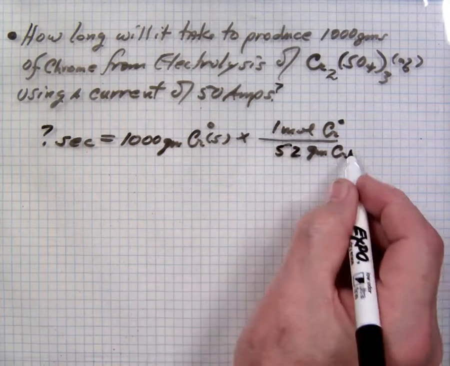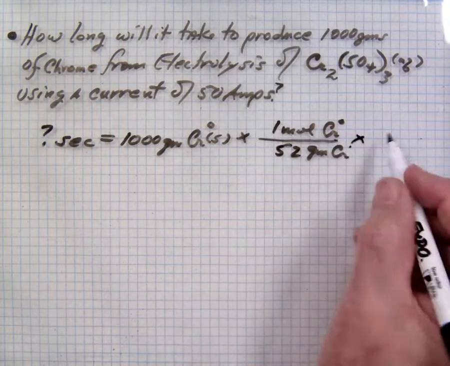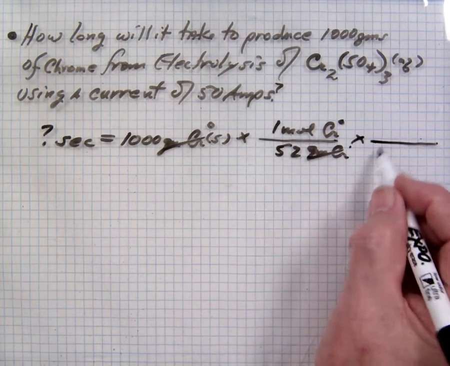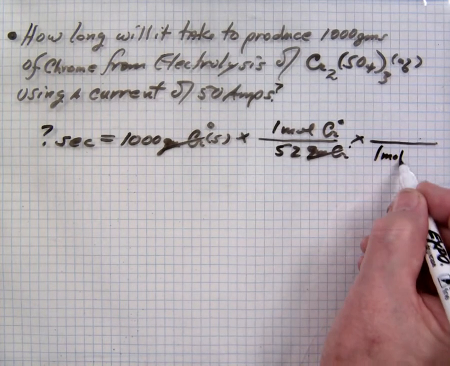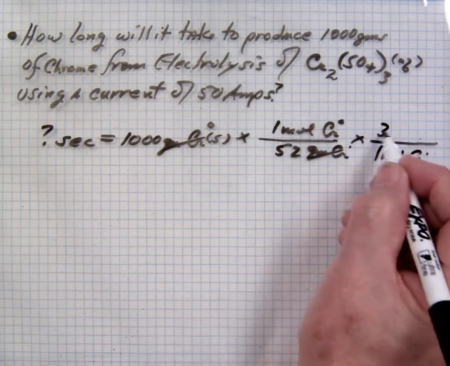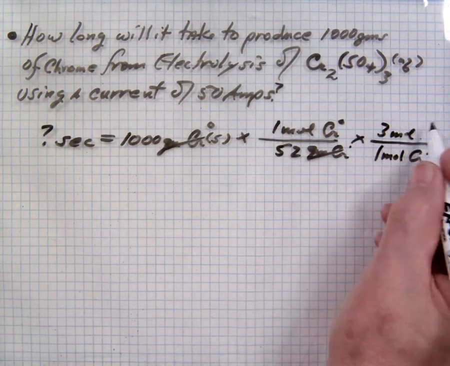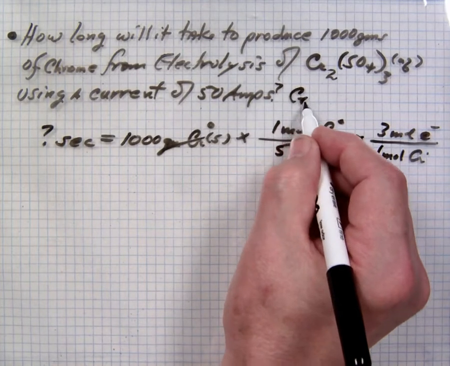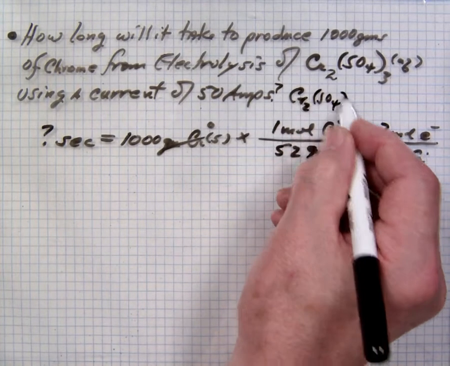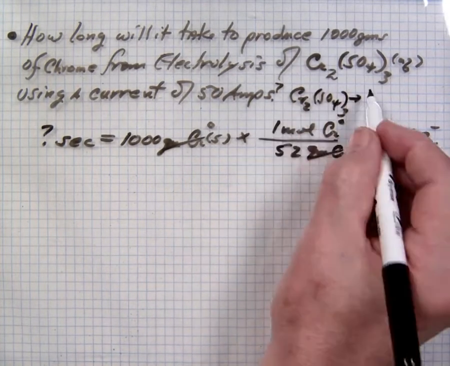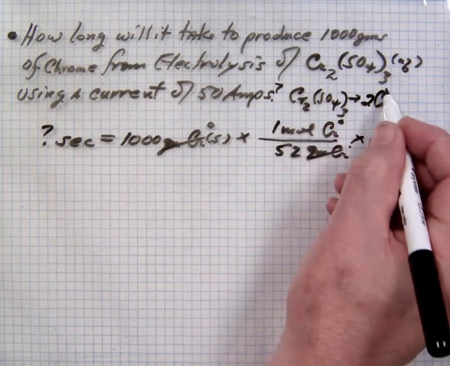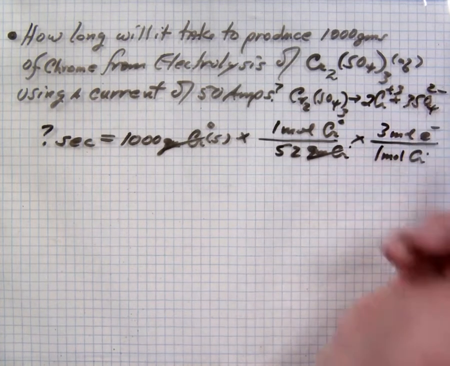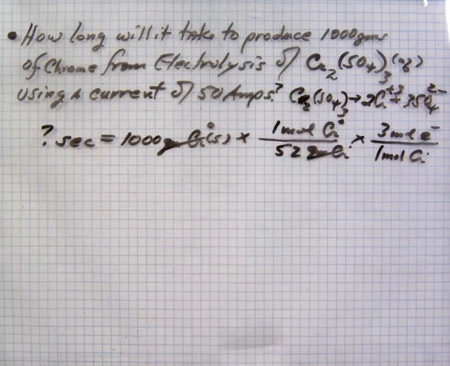And then once that's gone, we can get 1 mole of chrome from 3 moles of electrons, because this will ionize: chrome 3 sulfate goes to 2 chrome 3s plus 3 sulfates right there.